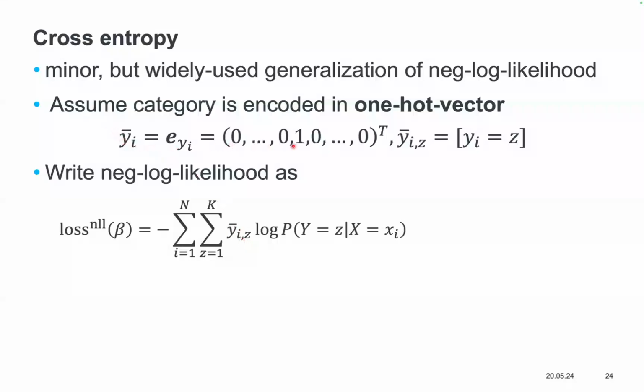Now, this y_i looks like this. And that means for all positions other than the correct prediction, we read out a 0. So we read out k many different entries, but actually only one of these entries is different from 0. So only one will have a 1 here, and all the others will make the rest meaningless. Okay, so we have a 1 here, and we take the logarithm of the probability that this object is classified into class z.